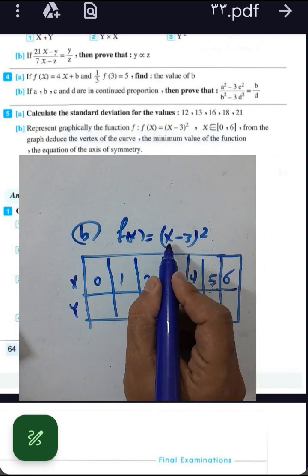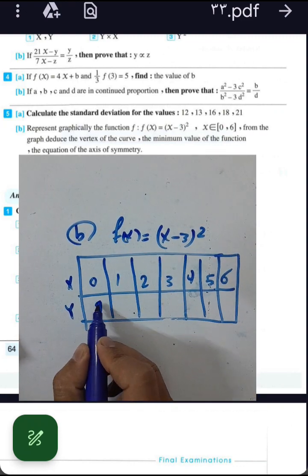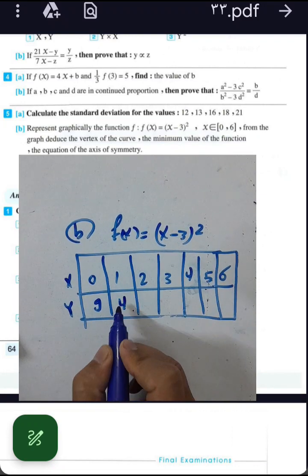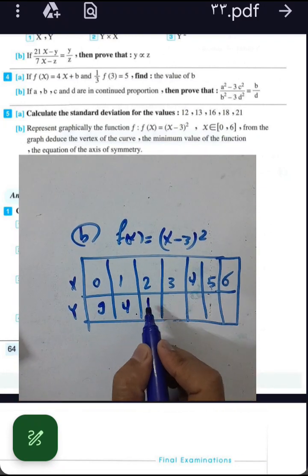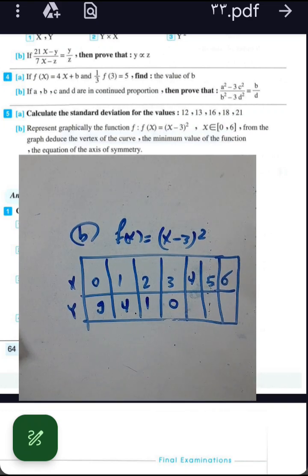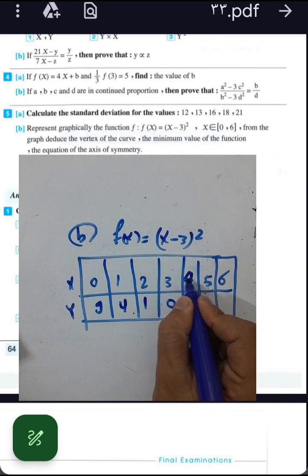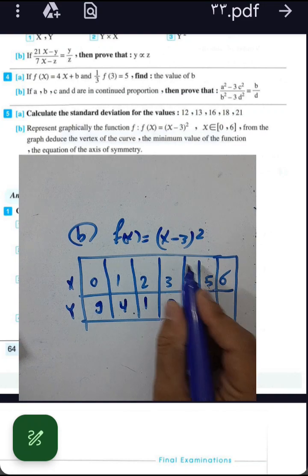Put 0 here. 0 minus 3 is negative 3, squared it will be 9. 1 minus 3 is negative 2, squared it will be 4. 2 minus 3 is negative 1, squared 1. 3 minus 3 is 0. 4 minus 3 is 1, squared 1. 5 minus 3 is 2, squared 4. 6 minus 3 is 3, squared 9.